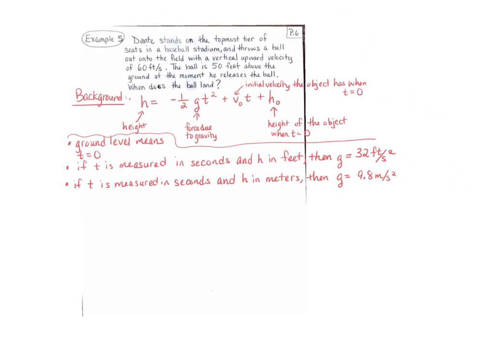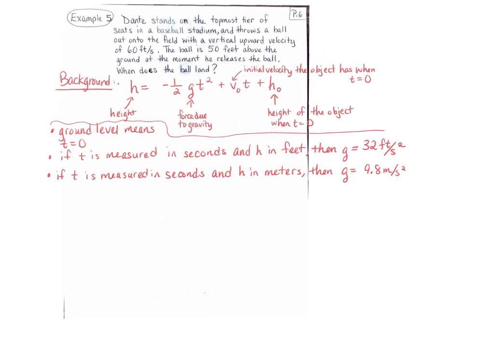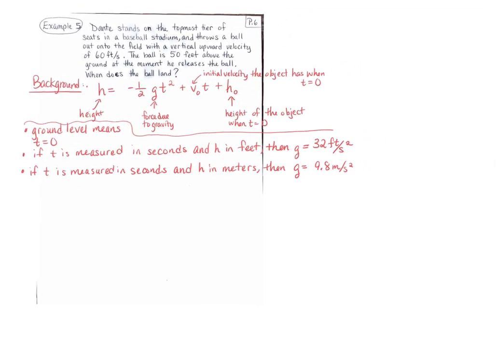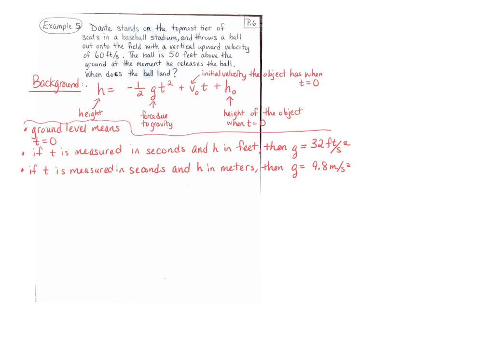Dante, I'm going to draw a picture. Okay, put this here. Dante is standing on the topmost tier of seats. So you have these seats. Dante is up here. Don't talk trash about my picture.